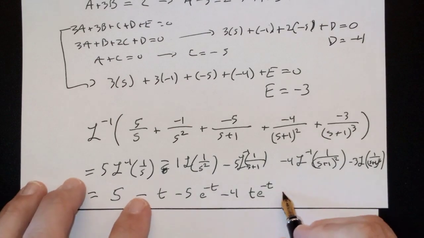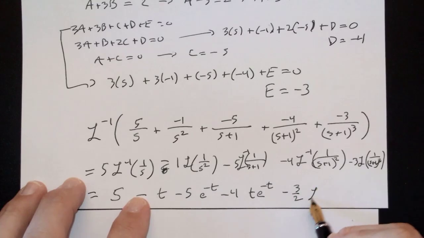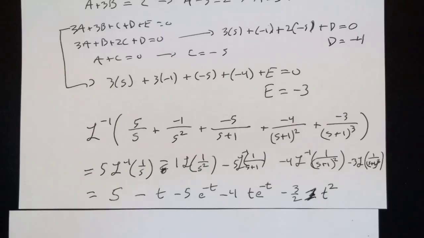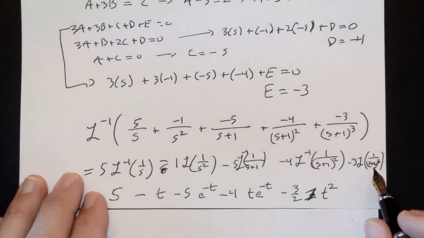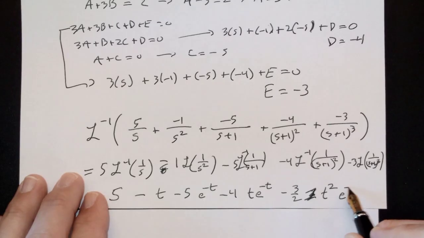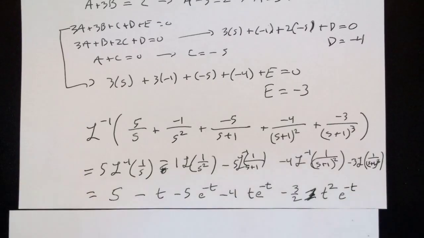Exactly. And that should be a T squared. But wait, there's more. Haven't heard that since calc. It's shifted. So there's an E to the minus T there as well.